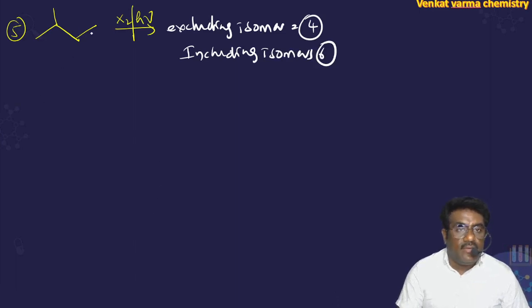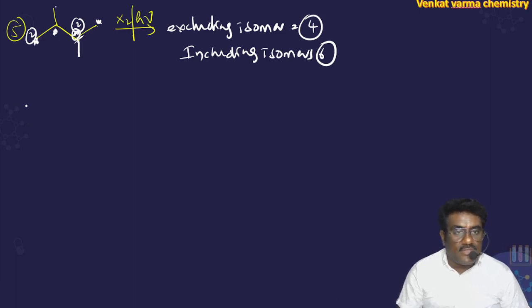See, if this is the halogenated center 1 and 2, 3 and 4. So this center has a chiral center. Chiral center means possible 2. So here also one chiral center is there. Here also possible 2 and 2. See, 4 and 5 and 6. I am writing the isomers.